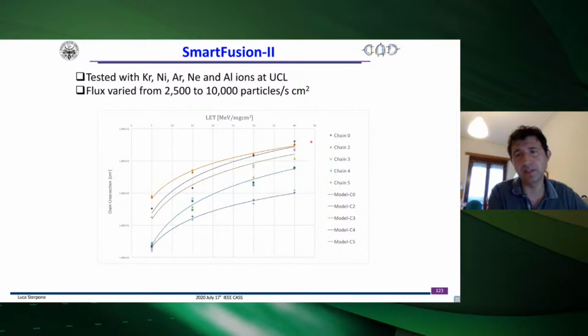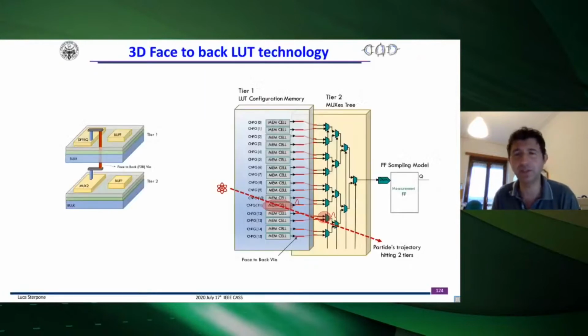What is the result illustrated at this point? You have the points showing the experimental result, and the line instead is the result of the modeling. As you can see, a good modeling can provide you a good prediction of what is going to happen on the real devices after the radiation.